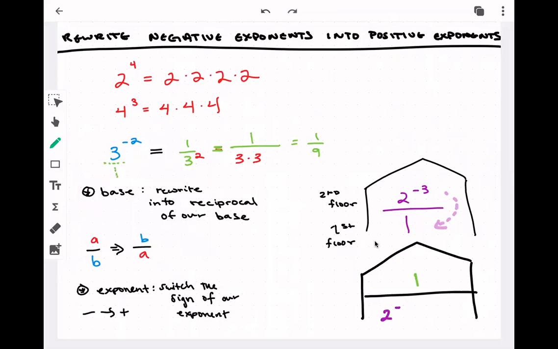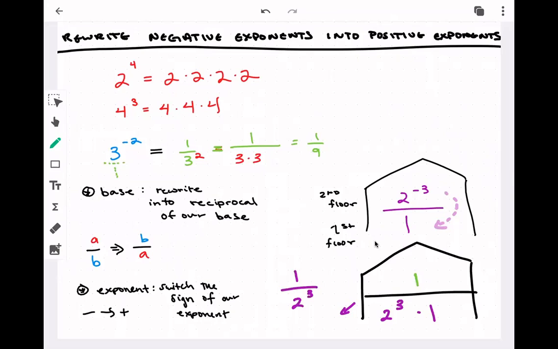Since it moved, that negative 3 now becomes positive because he's happy being on the first floor. And that 1 is now their roommate. So they're happily living together. So if we were to now write this in not building form, we would have 1 over 2 to the third power. And that would be our answer.